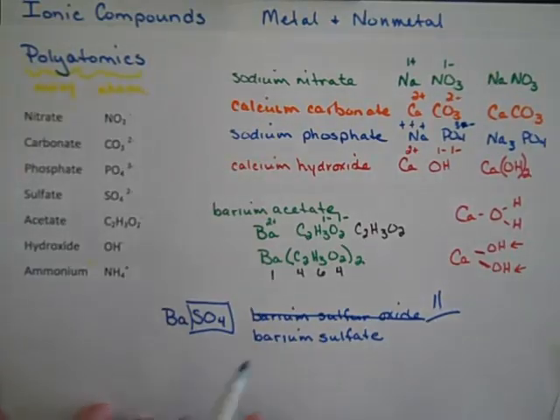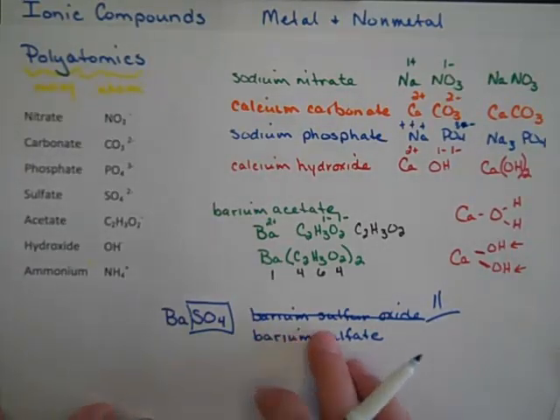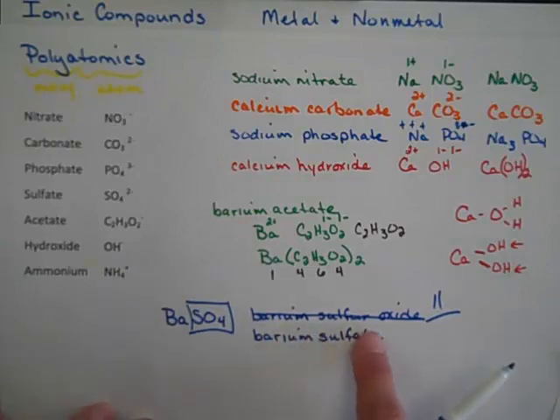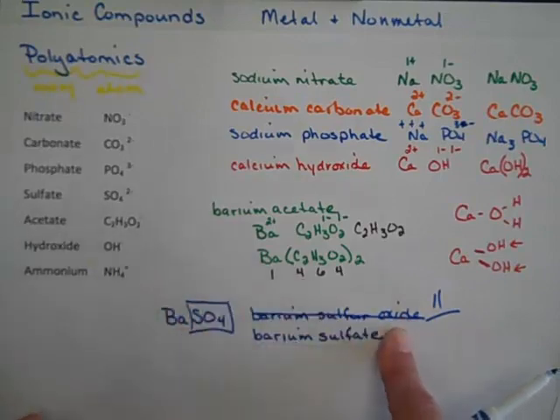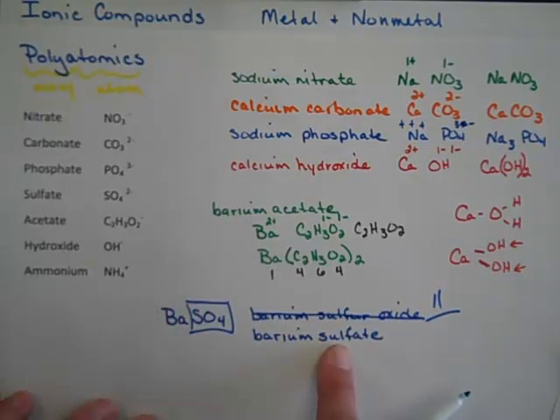One of the hints with that, if you are doing an ionic compound, you will never have more than 2 names. You will never have barium sulfur oxide. You won't have 3 elements listed. You will have barium sulfate. So that's kind of a hint. If you start to write something and you're on your 3rd ion, that's not correct.